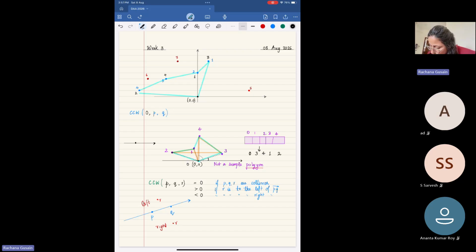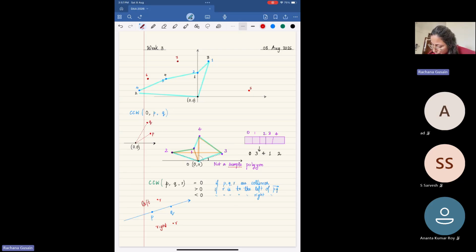Say that's the origin, and then I have 2 points, P and Q. Let's say that's P and that is Q.